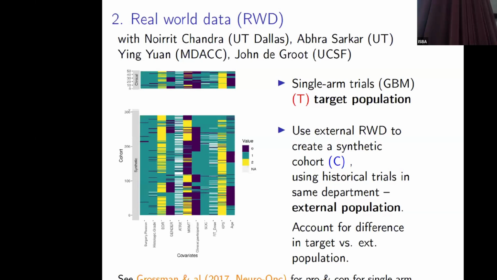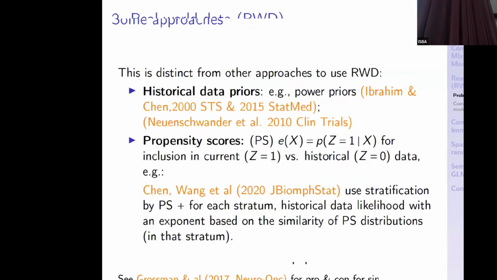Throughout the next few slides, I'll use red T to mark the current single-arm treatment-only study. I'll use blue C to mark the external data, because I should use them for a control arm. There are good reasons why they use single-arm treatment-only studies in this particular indication, glioblastoma, brain cancer.